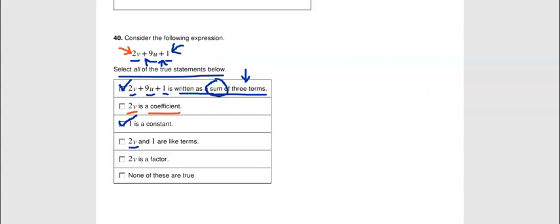All right, 2v and 1 are like terms. We did look earlier and we talked about this. As a matter of fact, none of these, 2v, 9u, or 1, are like terms because none of them have the same variable behind it. So that is true that it is not like terms. And just to show you something, if we have 2ab plus, let's say, 7a plus 4b, just to point this out so there's no confusion.